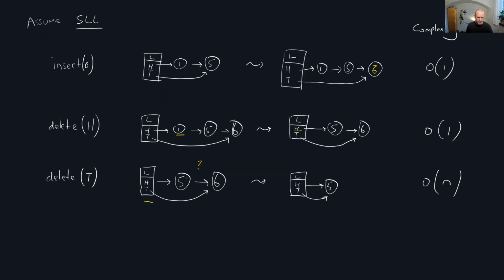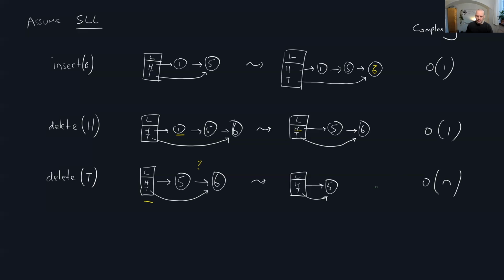Because this is a singly linked list, we have no back pointers to the previous element. So the best we can do is traverse the entire list and get to the element that is currently pointing to null.